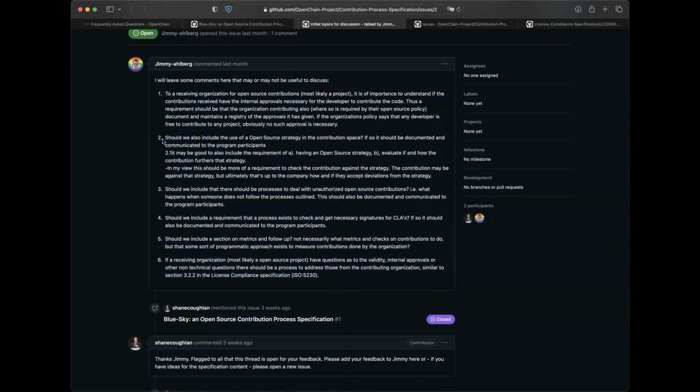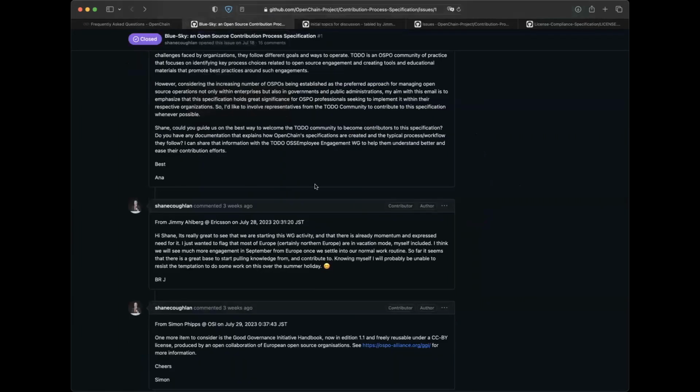And we always want to flesh that out and choose the dry, basic overview as opposed to anything that's detailed about how or normative. So he says it might be useful to discuss internal approvals for a developer to contribute code. Is open source strategy included in the contribution space?